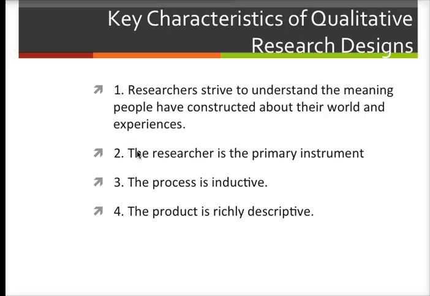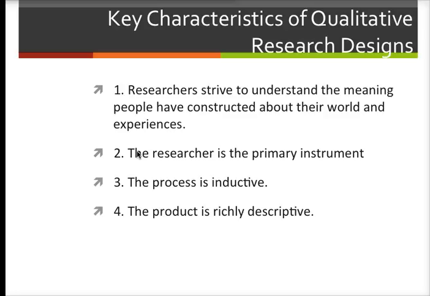But I want to first look at key characteristics of qualitative research designs. Okay, we looked at the process in the other PowerPoint, the steps you need to do. But here are some of the characteristics. Okay, researchers strive to understand the meaning people have constructed about their world and experiences. This keeps coming up.